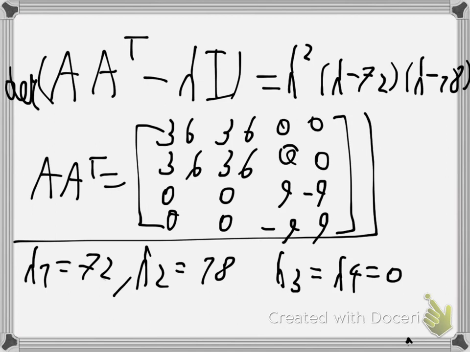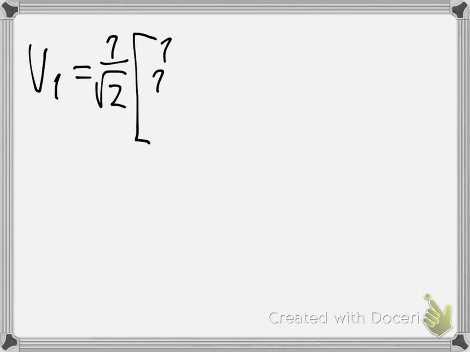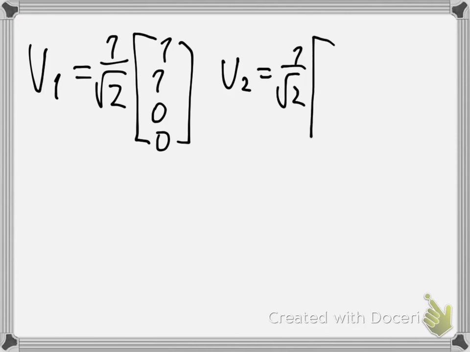Okay, and so here we have done A transpose, so we will find the matrix U of the singular value decomposition, and so if you solve that, you get the following eigenvectors. U1 is equal to 1 over square root of 2 times (1, 1, 0, 0). U2 is equal to 1 over square root of 2 times (0, 0, 1, negative 1).